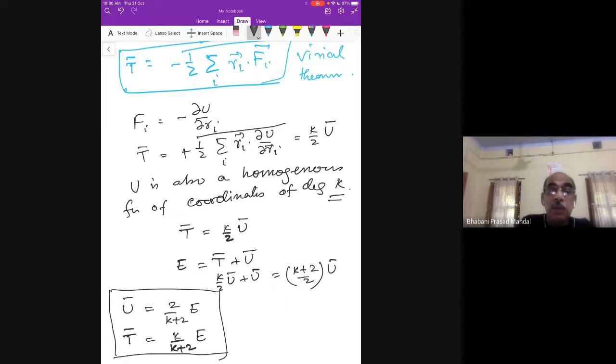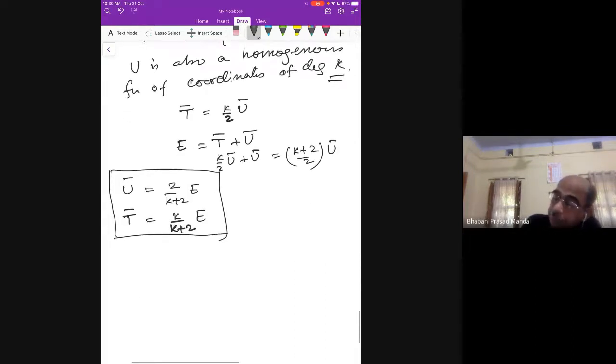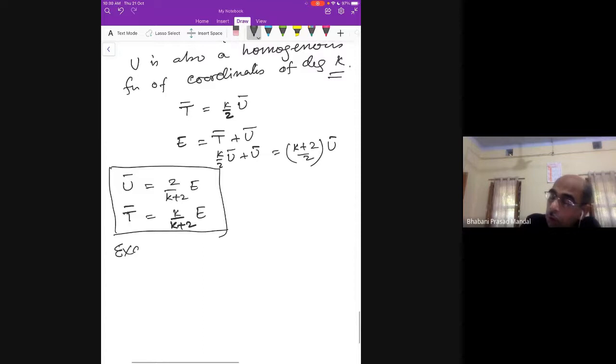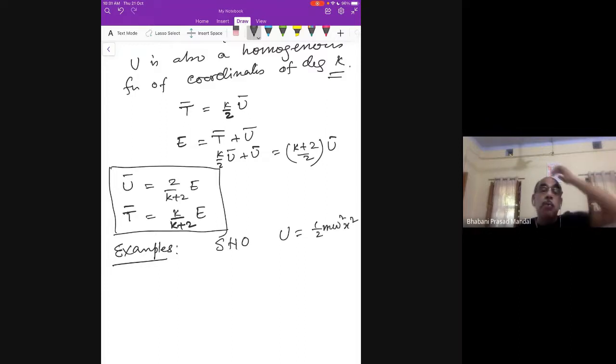Now let us check whether this result is correct by considering a few examples. Suppose for a simple harmonic oscillator, U is half m omega square x square, right? This is the potential energy for a harmonic oscillator.